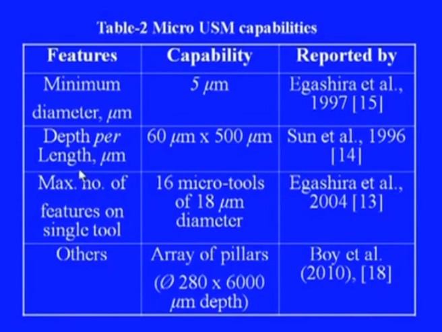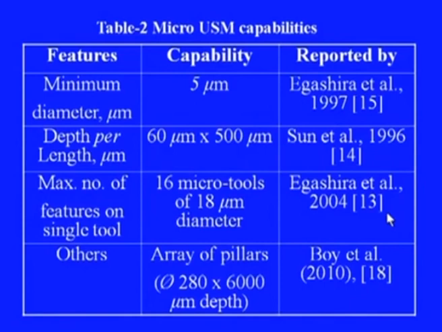Then depth per length was 60 micrometer into 500 micrometer, reported by Sun et al. in 1996. Then Igasira again, in 2004, reported the maximum number of features on a single tool.